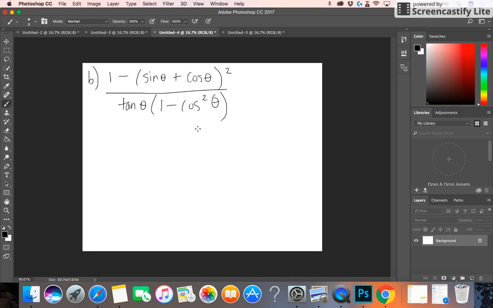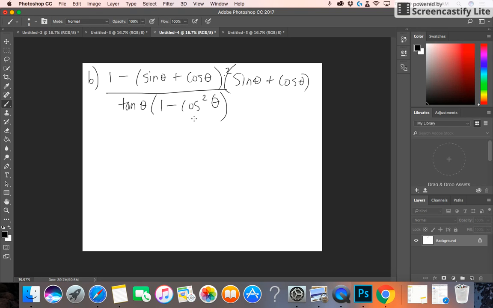What I like to do with these types of problems is work on the top and then go to the bottom after, because the top needs to be simplified since it's squared. Since sine plus cosine is squared, there's 2 of those, so I like to write it onto the side.